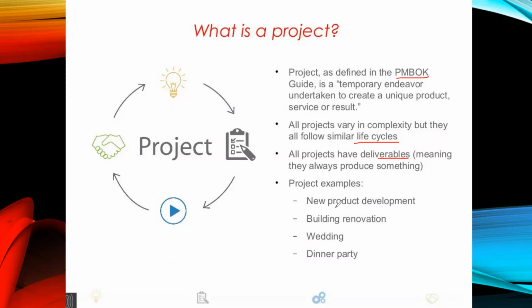Examples of projects can be a new product or a building renovation. A wedding is also a project, and so is a dinner party, because for a wedding and a dinner party you have to prepare and plan for these events. The planning for these events means that you are working in the project life cycle.